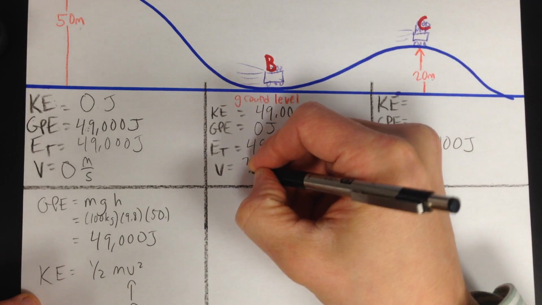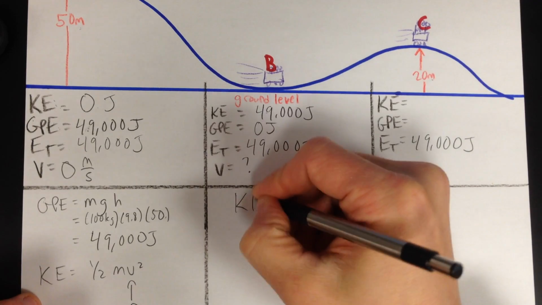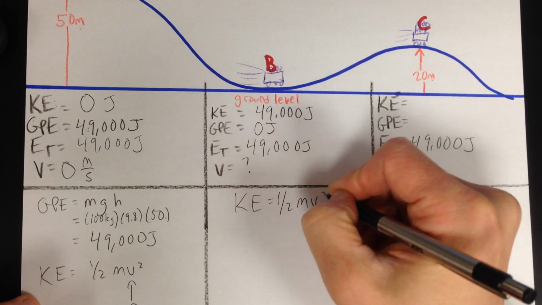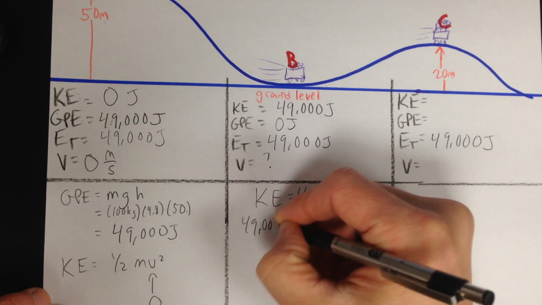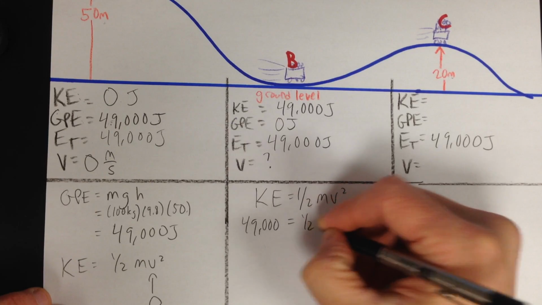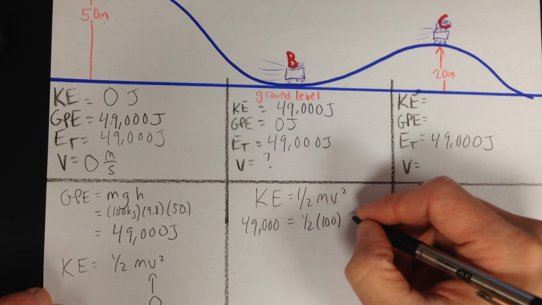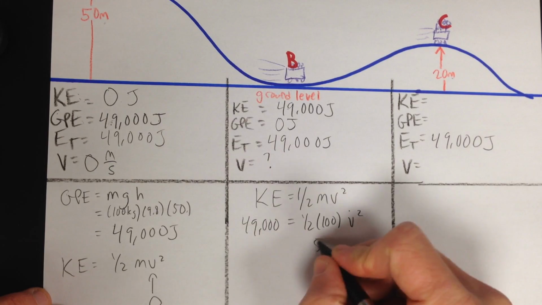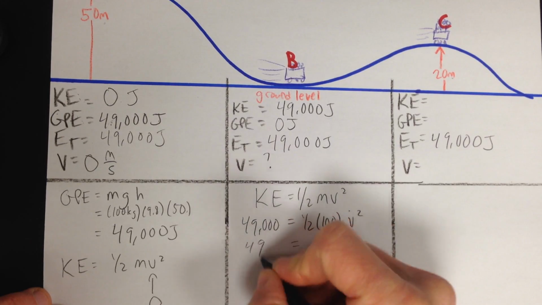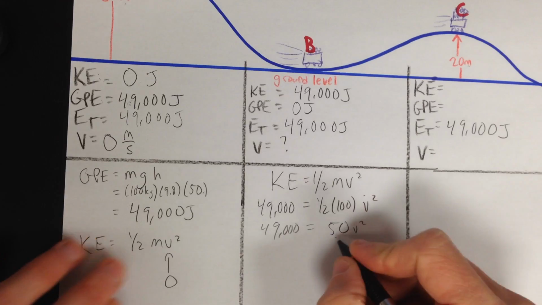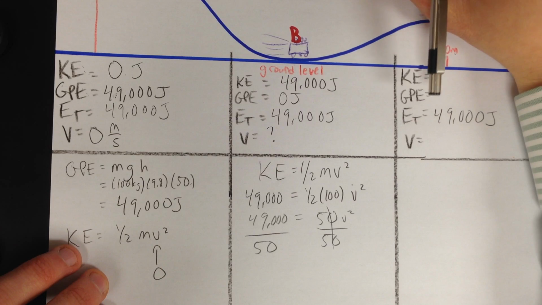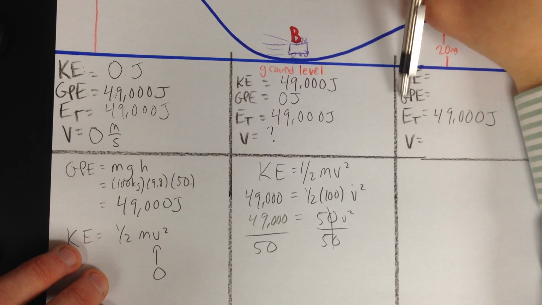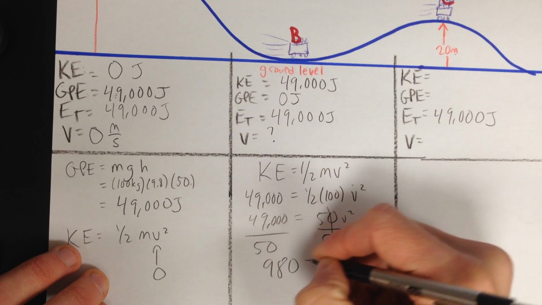So now we've got to calculate velocity using the KE formula. There's your formula: kinetic energy equals a half mv squared. Plug in your 49,000 for KE, a half, 100 is the mass, v squared. What's a half of 100? It's 50. And you could divide both sides by 50. On the left side, 49,000 divided by 50 gets you 980.